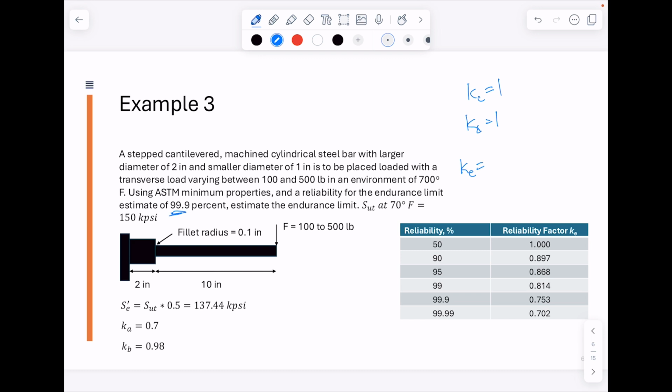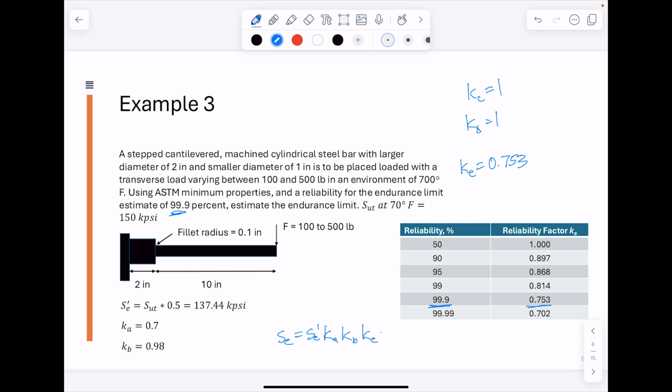We see here in the problem statement that we have a reliability of 99.9%. So we come to this table and we can find that Ke is going to be equal to 0.753. So now to get our estimate for our endurance strength, we will have Se is going to be equal to Se prime times Ka times Kb times Ke.